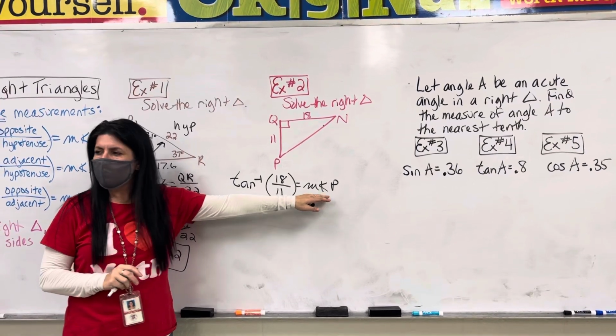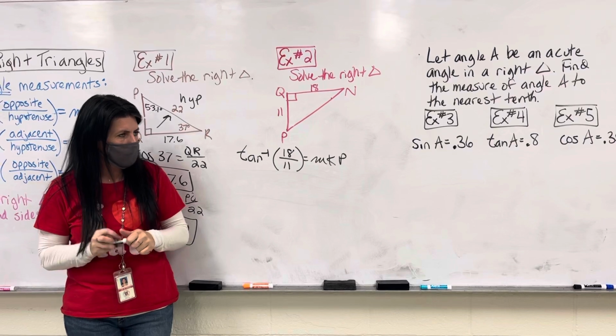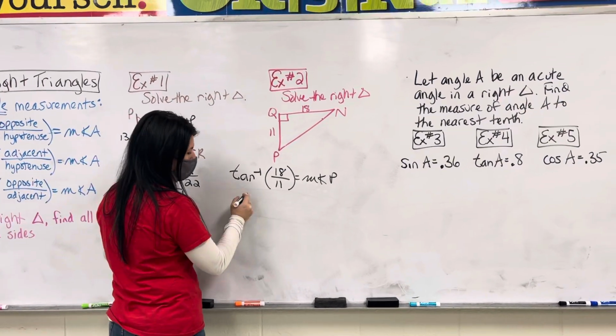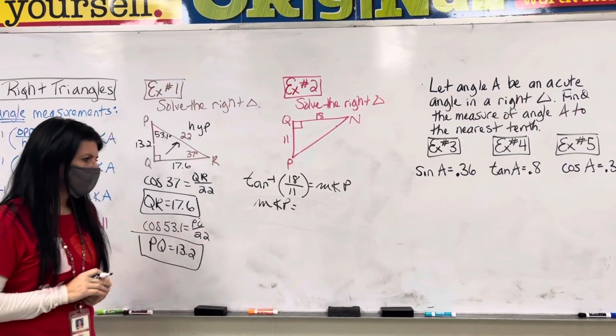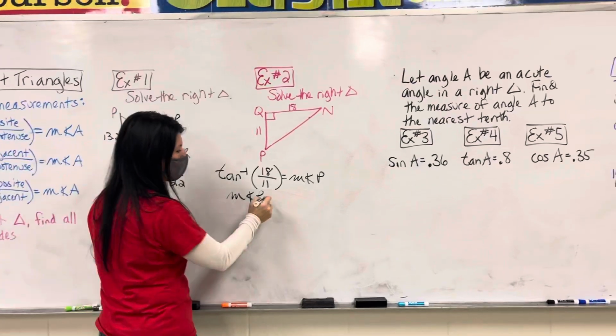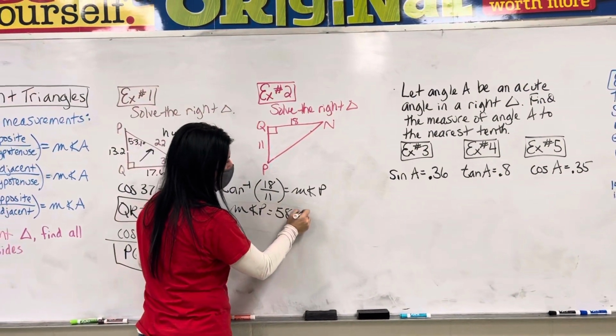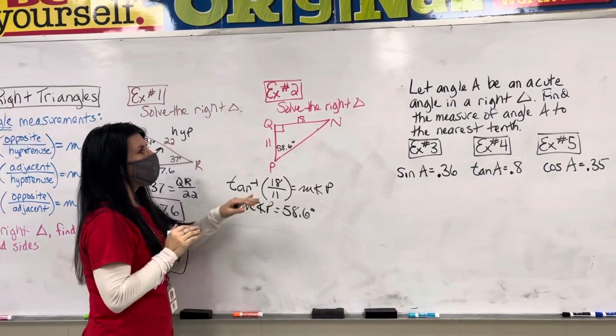So plug that into your Desmos for me. Make sure it's an inverse, not just a regular tangent. And what's the measurement of that angle? 58.6, thank you. Let's find n.